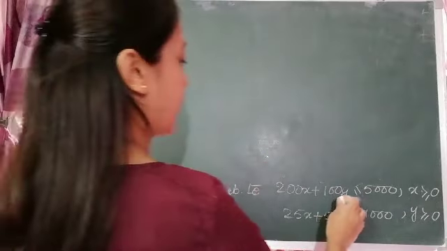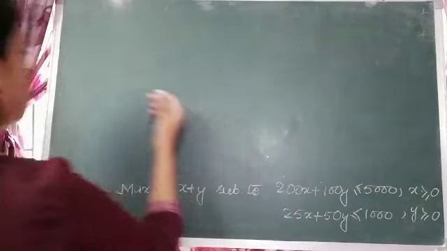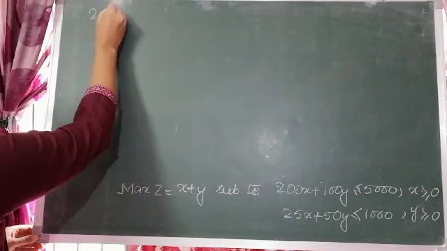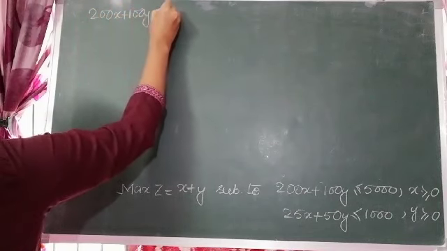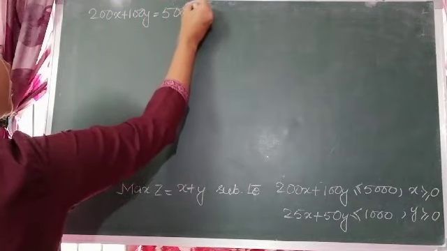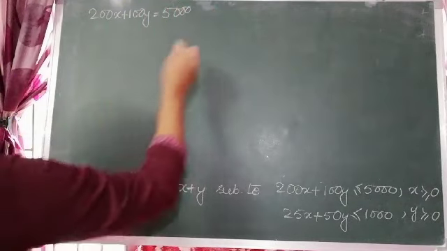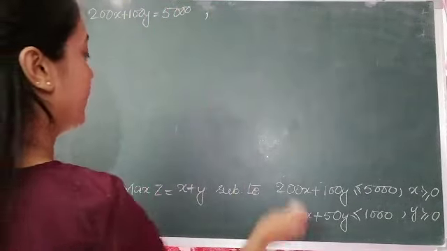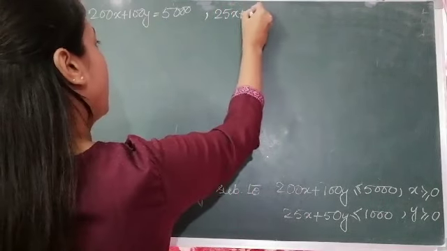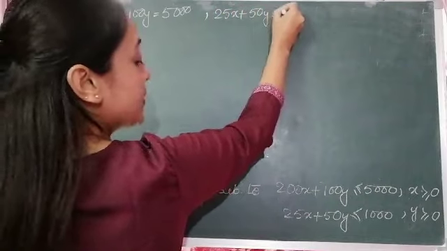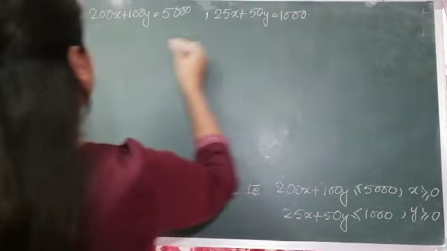So 200x plus 100y less than equals to 5000. For this the equation will be 200x plus 100y equals to 5000. And as I told you before also, you reduce it to lowest term. 25x plus 50y equals to 1000.